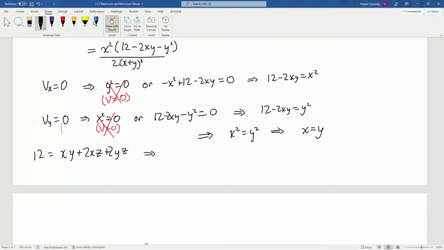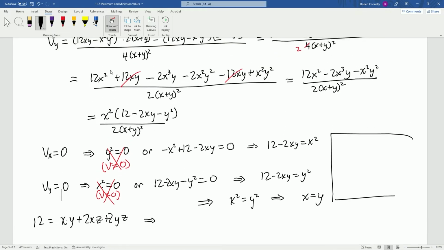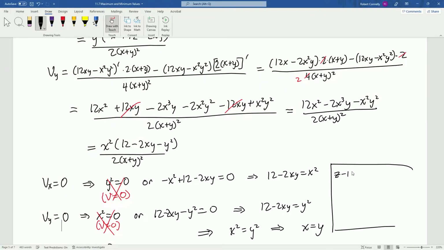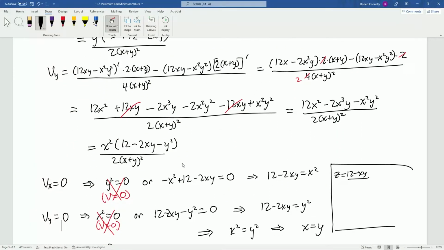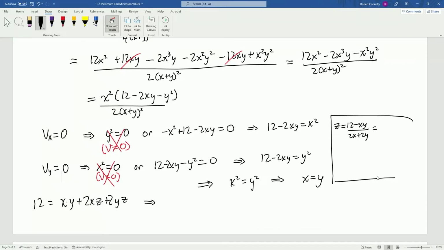So let's actually do z first. So we'll write z in terms of x. So we've got z is (12 minus xy) over (2x plus 2y). Yeah, I mean, we're actually using the same equation. It's just easier in this form. So we'll just do it like that.